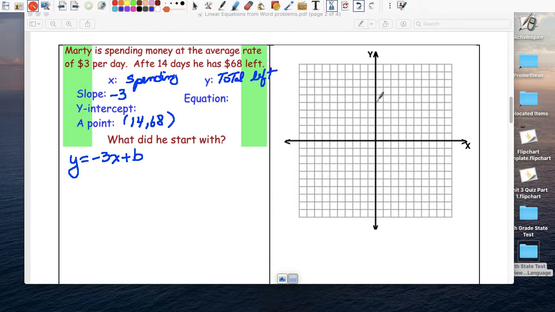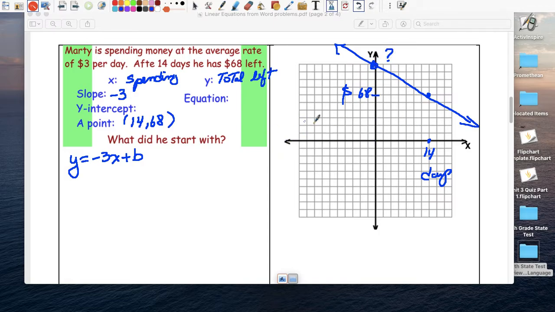So there's a line that's going down, and at 14 days, let's just make this 14 days, just for example's sake, okay? And that's $68 left, and this is days. So I know that on that line at 14, there's a point here. And it's a line that's going down like this, right? Because he's spending. So we're looking for this right now, and I don't know what that is.